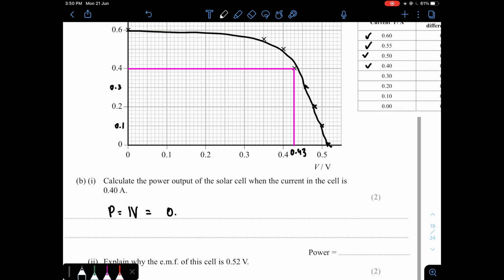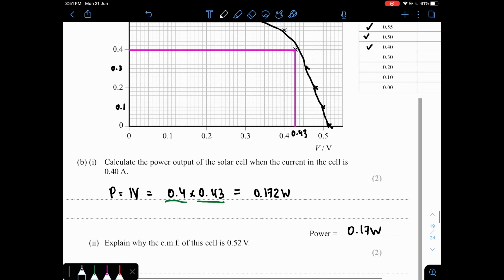It's 0.4 amps times 0.43, and we get 0.172 watts. And again, how many significant figures do we have? The most we have is 2 decimal places, so our answer should be 0.17 watts. Okay, that's that.